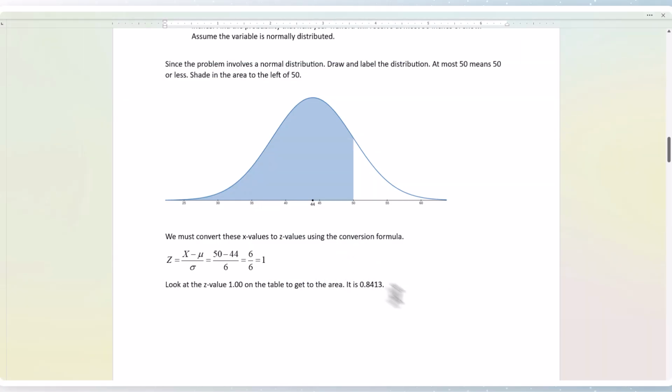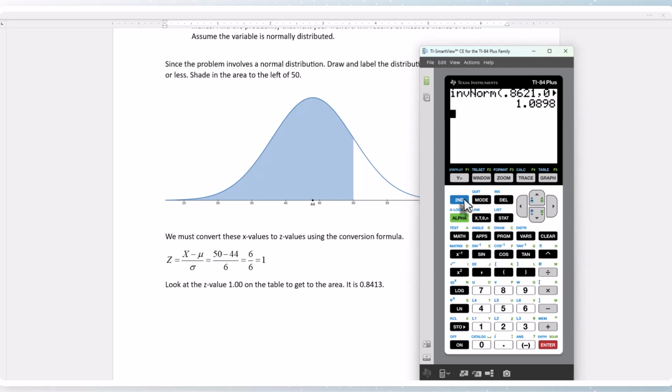So that would be the answer. So if we use the calculator, we type second vars, option 2. Now in this notation, this is our negative 10 to the 99, written in scientific notation. So we just have to type in 1 and select paste, enter, 0.8413.